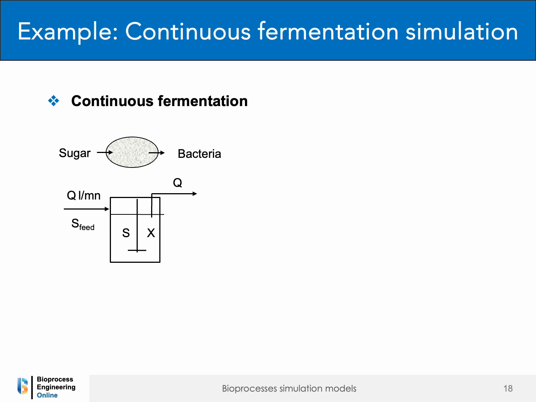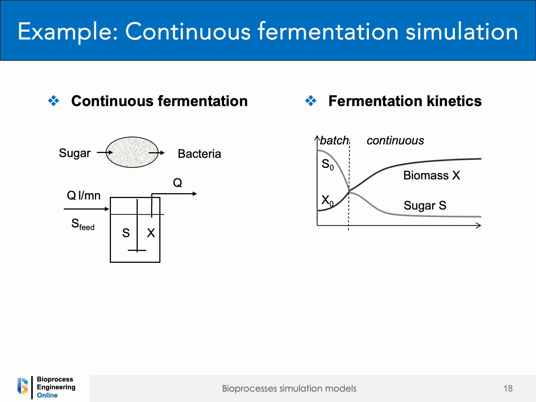The methodology for model construction is illustrated through a continuous fermentation process designed for bacterial production using sugar as the primary substrate. The process begins with an initial batch fermentation, where a medium containing an initial sugar concentration, S0, is inoculated with a bacterial concentration, X0.